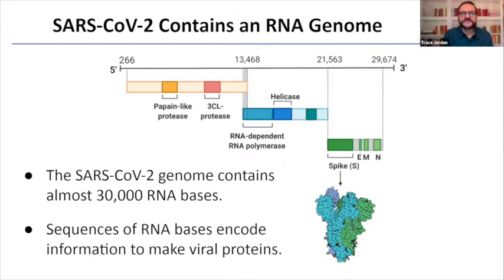The region of the genome shown in green on the right-hand side codes for what are called structural proteins, which help create the overall structure and composition of SARS-CoV-2. In particular, I'd like to point out the region of the genome that codes for the spike protein S, which we illustrated in previous slides.